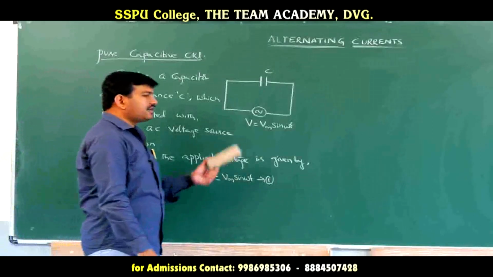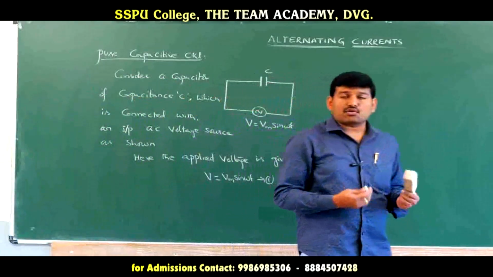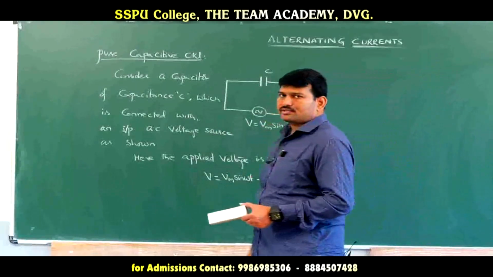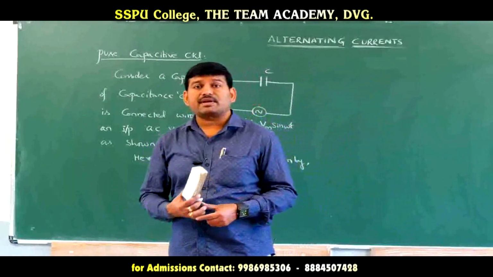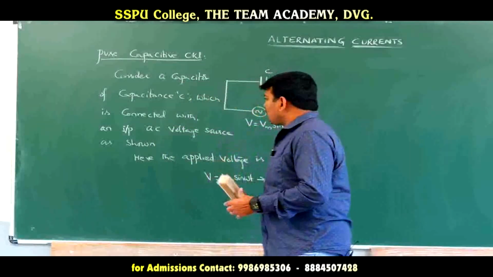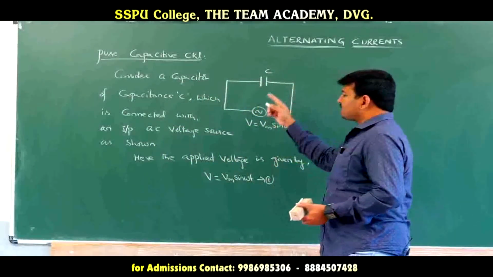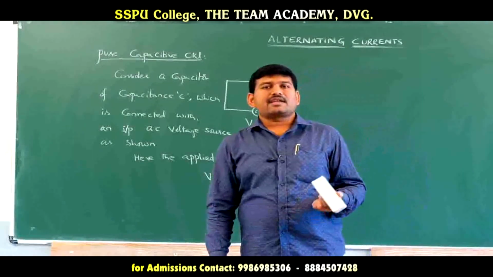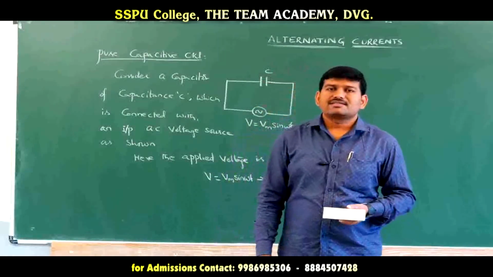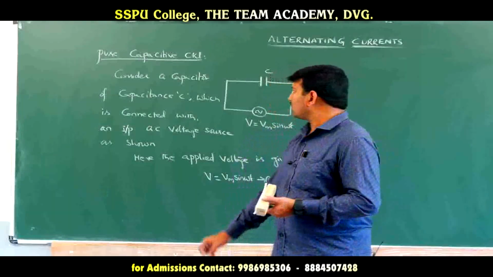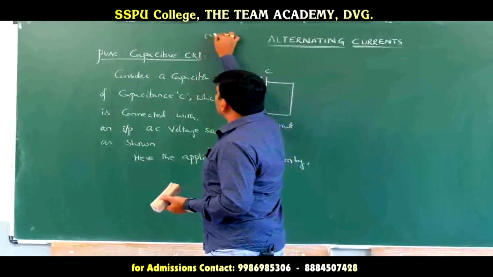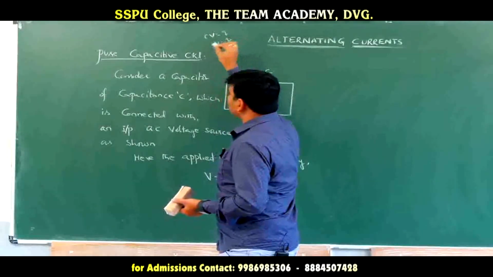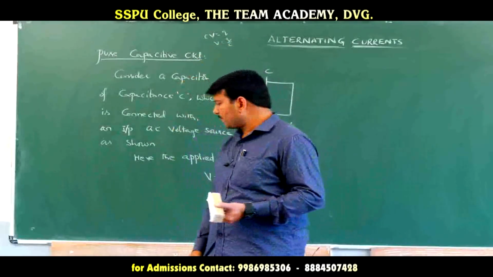To find out the current, we need to know how much voltage is dropped across the capacitor. The voltage that is dropped across the capacitor is not a fixed value. It is changing with respect to time. So how the voltage is dropped across this capacitor means, according to the previous knowledge that is in capacitor topics, we have seen that CV is equal to Q, or V is equal to Q by C is the voltage drop across the capacitor.